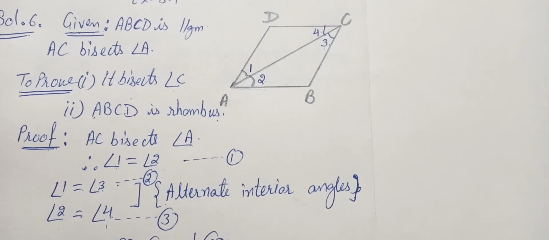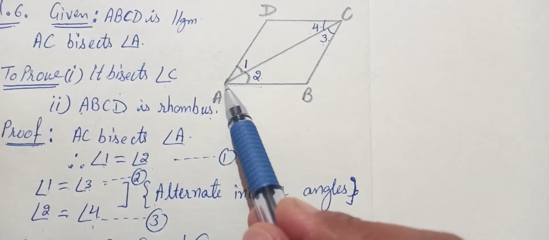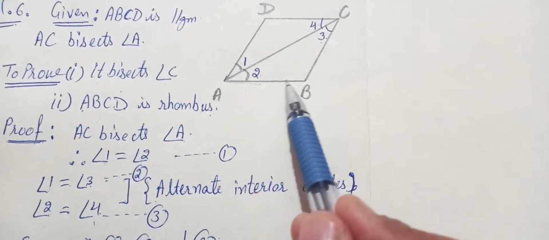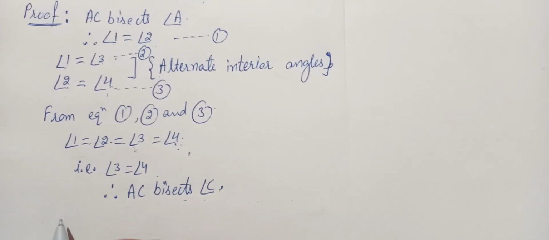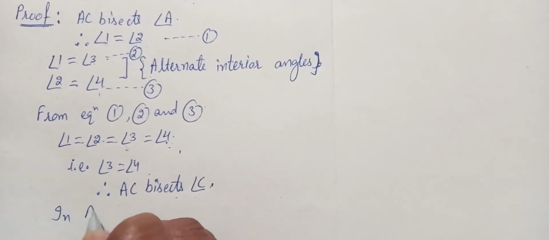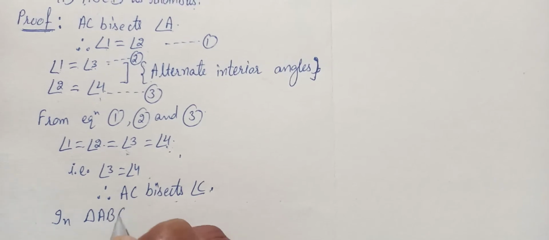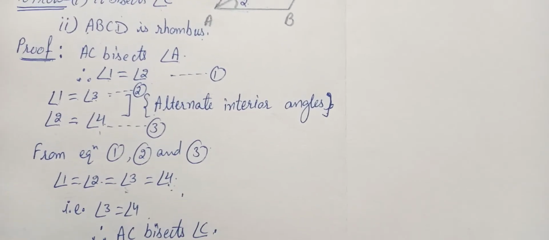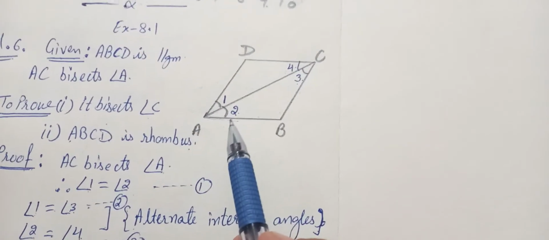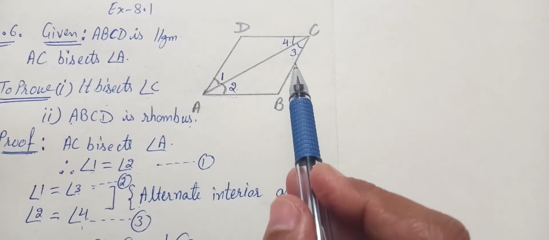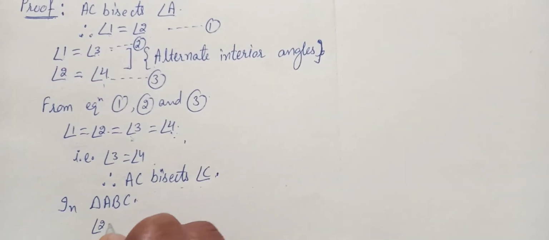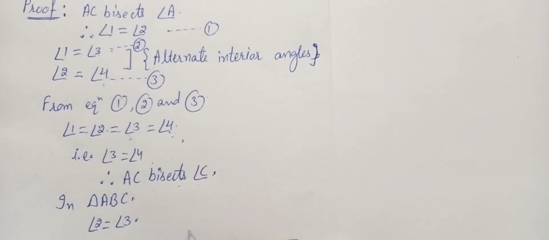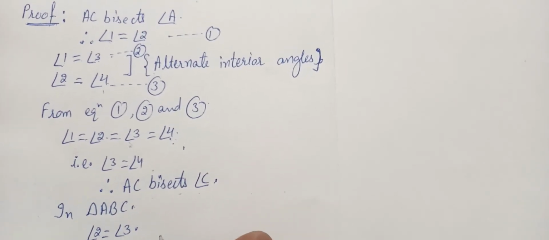Okay, so now we will use this triangle ABC first. So we will write in triangle ABC. Now, what is in triangle ABC? Angle 2 is equal to angle 3, given to us. So we will write in triangle ABC, angle 2 is equal to angle 3. Okay.